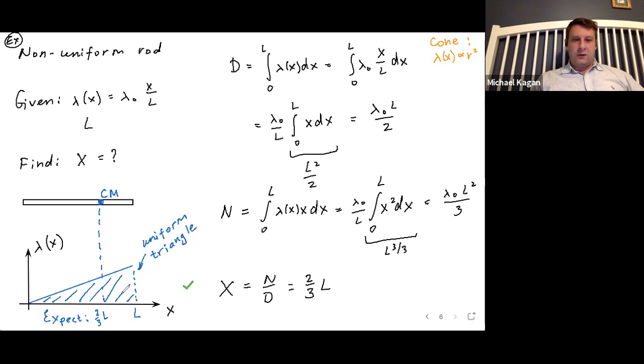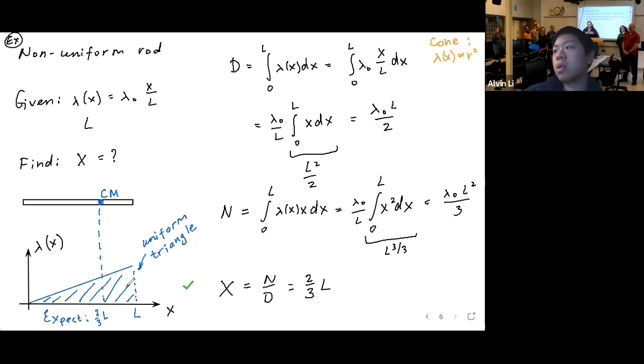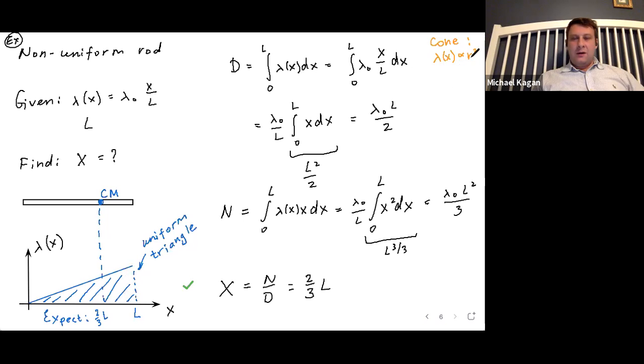R is the transversal radius of the cone, and R is proportional to x. Folks, is it obvious that R itself is proportional to x? The further you move from the left end, the proportionally larger the radius becomes, because it's all similar triangles. So this is in turn proportional to x squared. So lambda of x would look like some constant, let me call it C for now, times x squared.